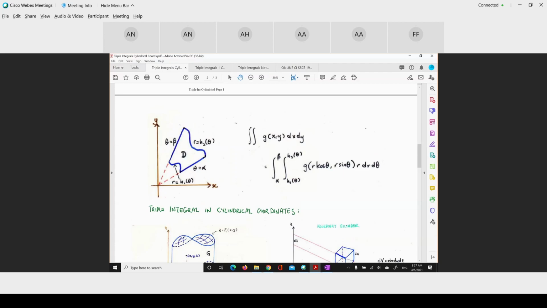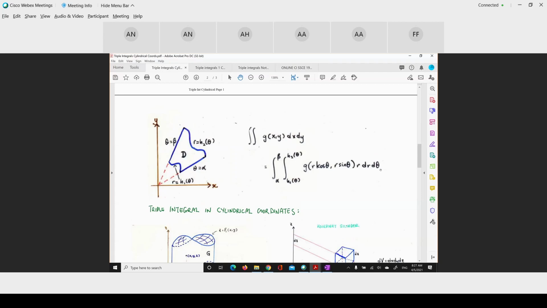You have seen how to express a double integral from Cartesian into a double integral in polar coordinate. So this idea is also helpful for triple integrals in cylindrical coordinates, because cylindrical coordinates have r, theta, which is a polar coordinate. Here you see dx dy becomes r dr d theta.